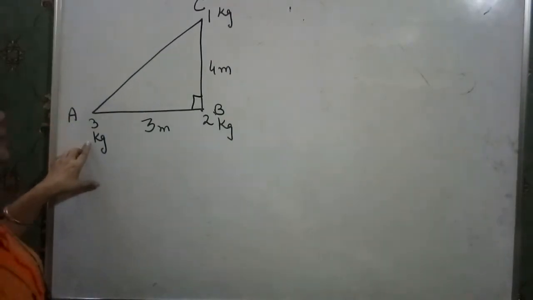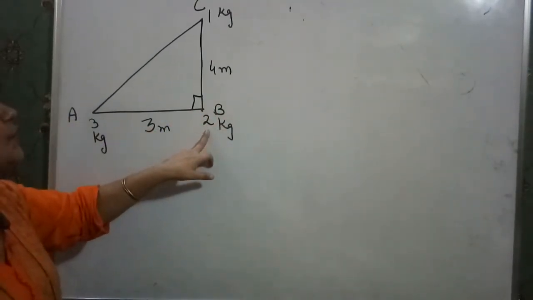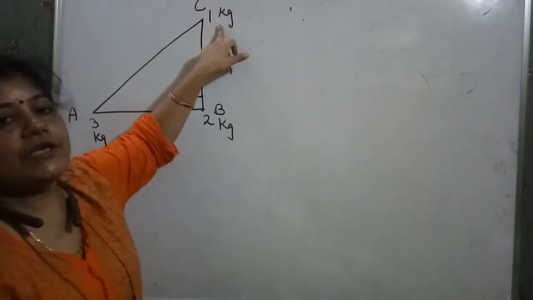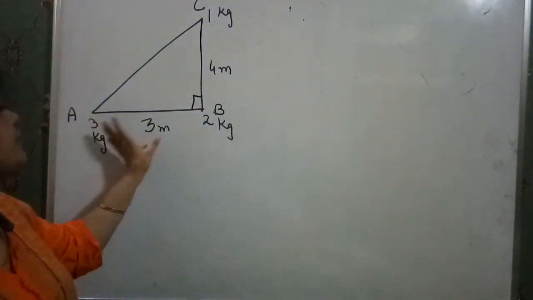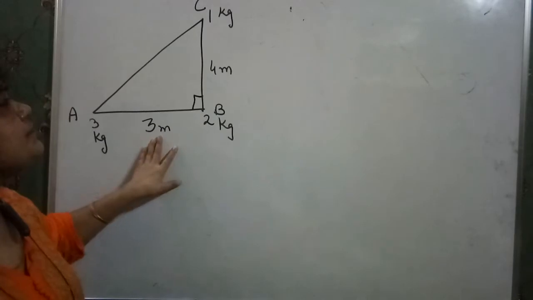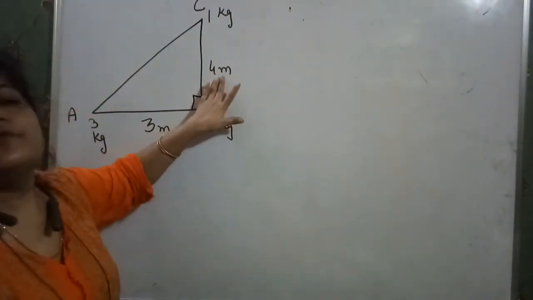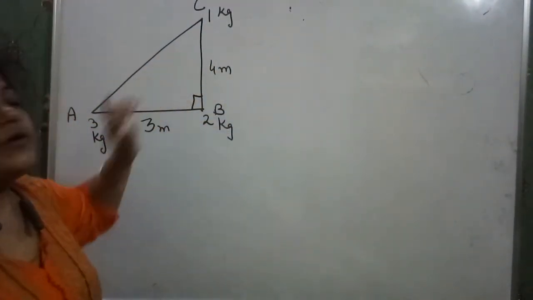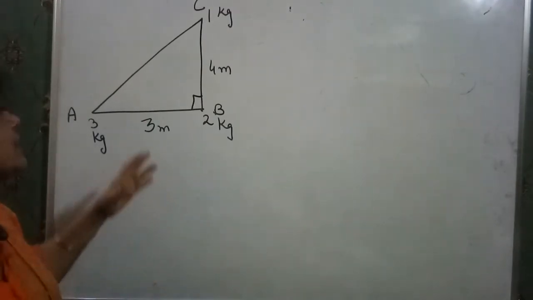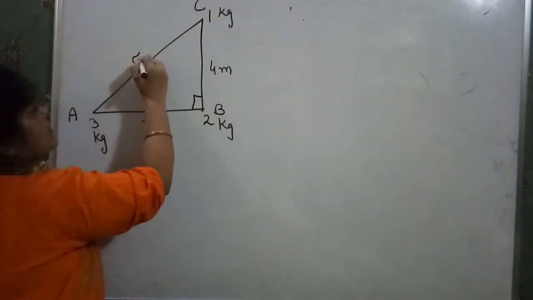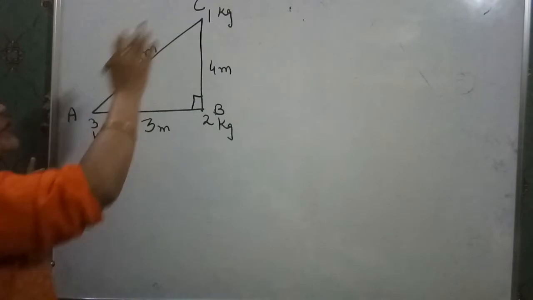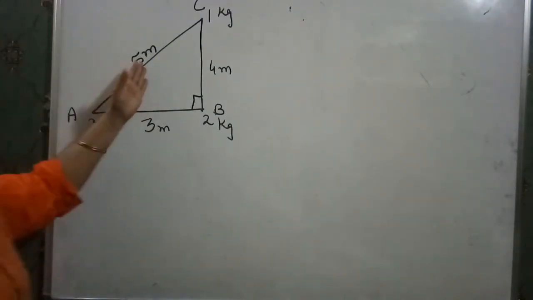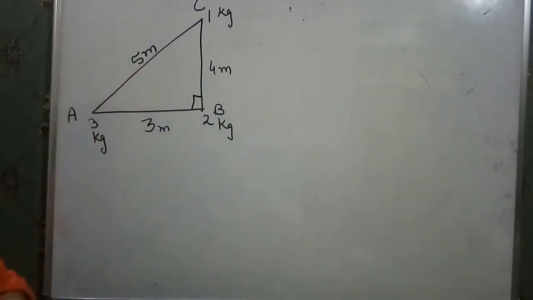At A we have a 3 kg mass, at B we have a 2 kg mass, at C we have a 1 kg mass. The distance from A to B is 3 meters, and the distance from B to C is 4 meters. The distance from A to C is not given, so according to Pythagoras, we get 5 meters. We have calculated it with the help of the Pythagoras theorem.